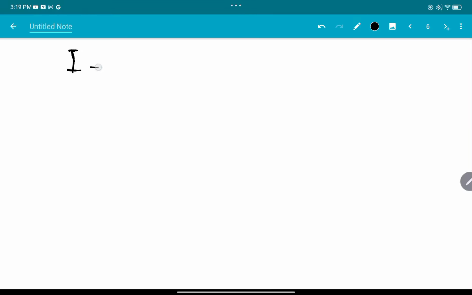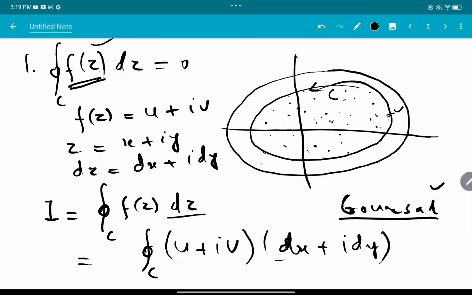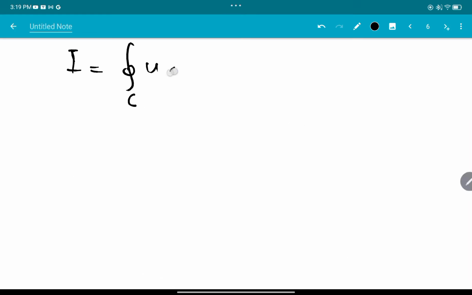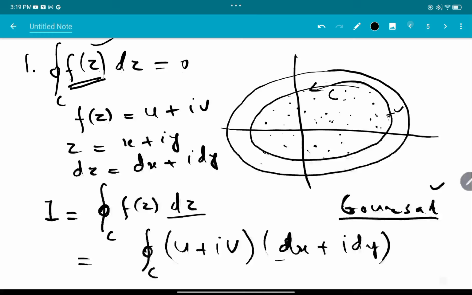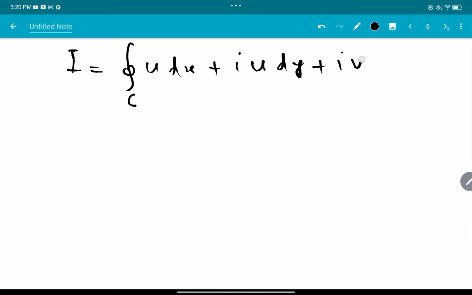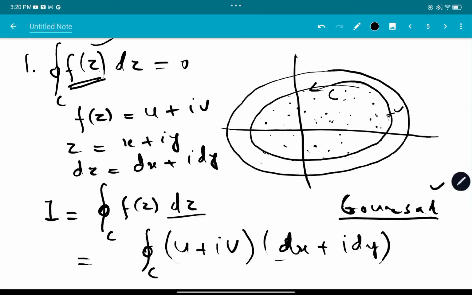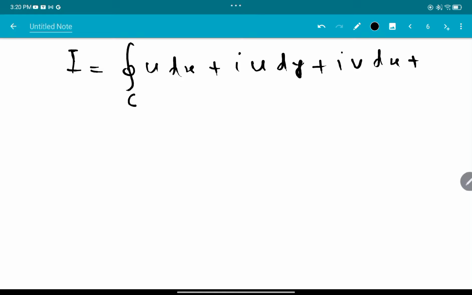I is equal to the integral over the closed curve C. I have u multiplied by dx, so u dx plus i u dy, then iv dx plus, again, iv dy. Now i into i, that is minus 1, so v dy, minus v dy.